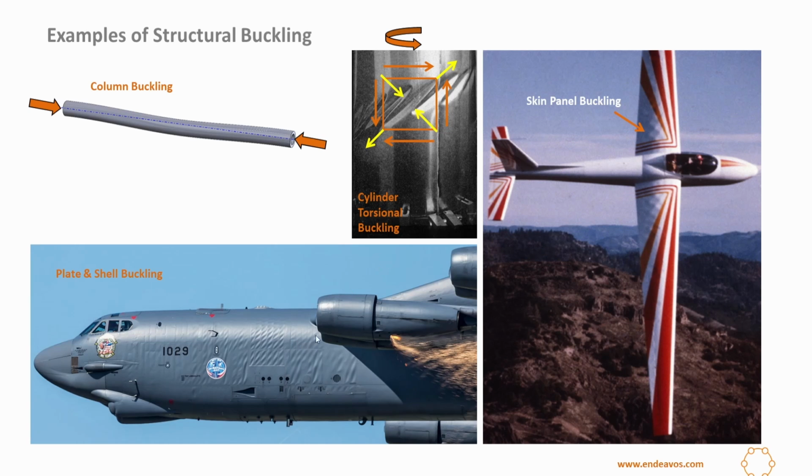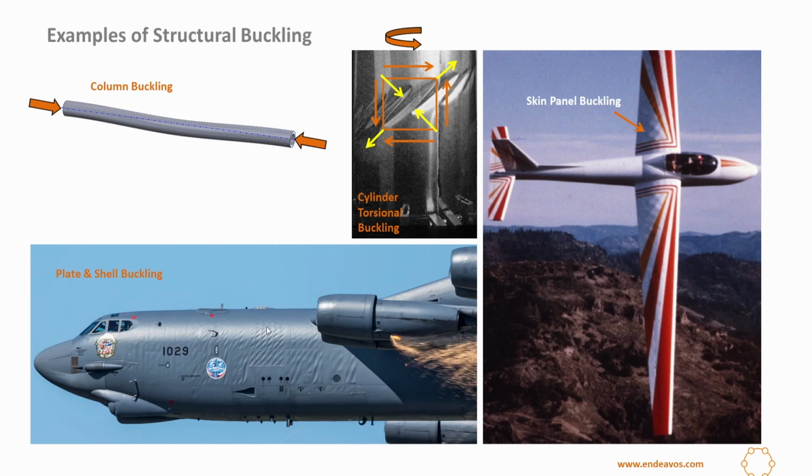We have the same situation here in the case of this B-52 in flight. The fuselage is not generating any lift. It's simply hanging from the wings like a cantilever beam. So we know that in a beam, we will have compressive stresses at the bottom in this particular situation, and tensile stresses on top.